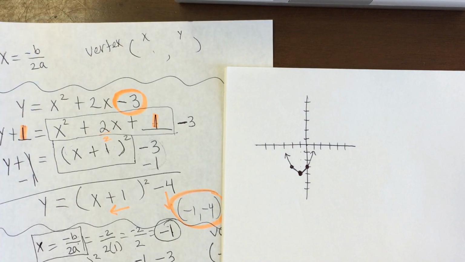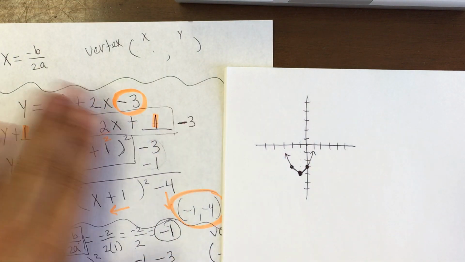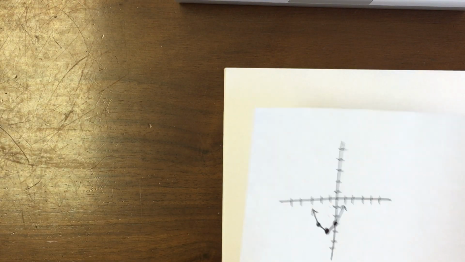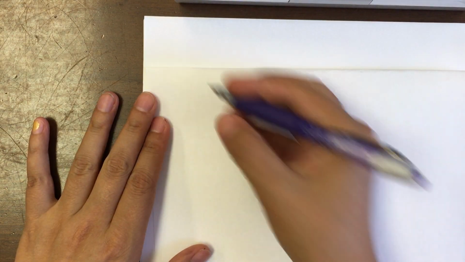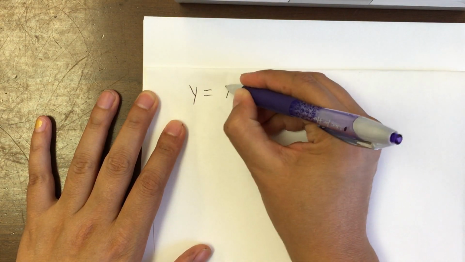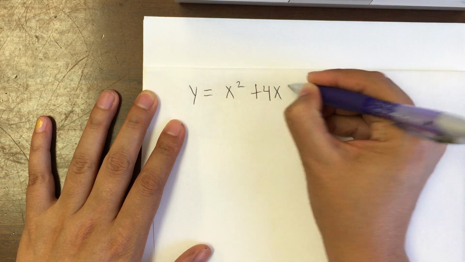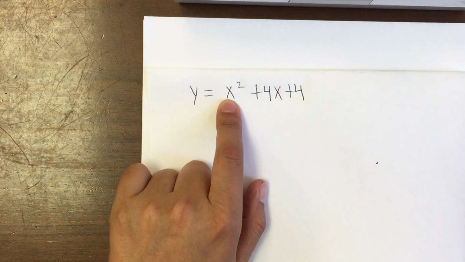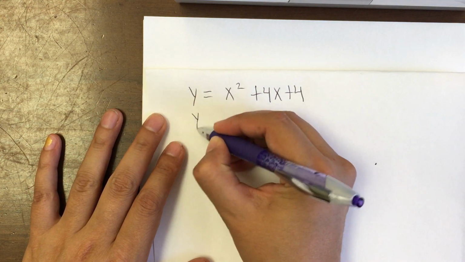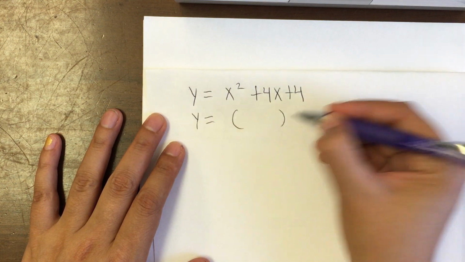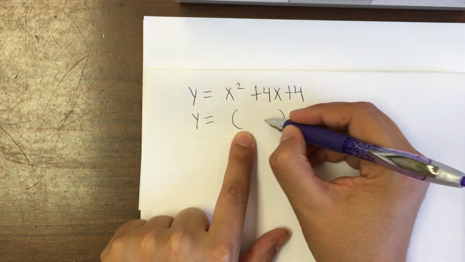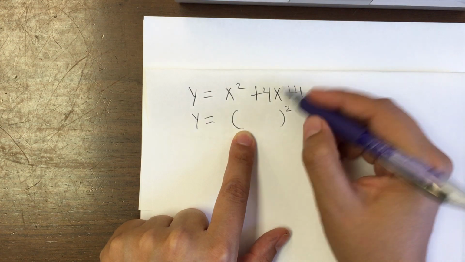Let me give you another example because I know it's a lot of information. Maybe it's going to be a lot easier for the next one. So we have y equals x squared plus 4x plus 4. Perfect square. So we have y equals, remember that we open parentheses, and this is going to be the perfect square.